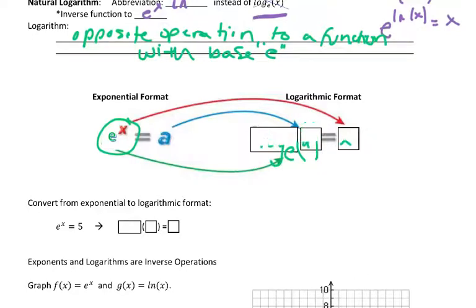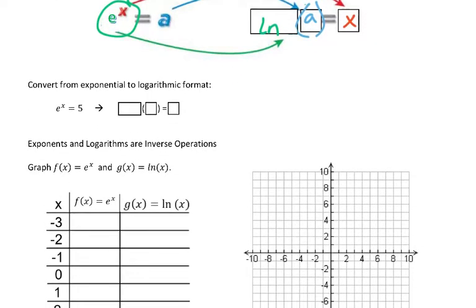So log base e of a equals x. Now, of course, what we don't write is log base e. Instead of writing log base e, we just write natural log, and it's assumed to be base e.